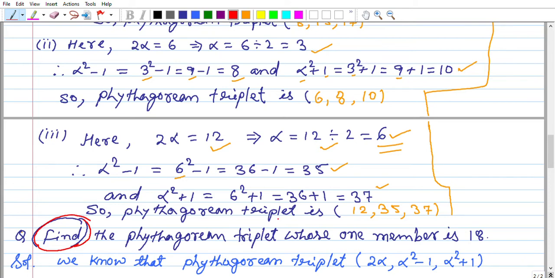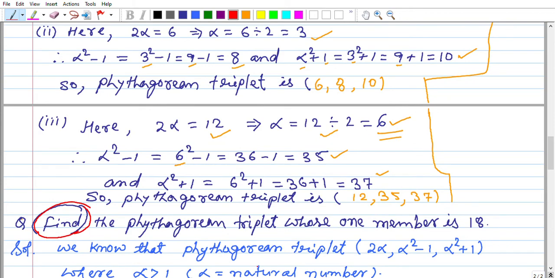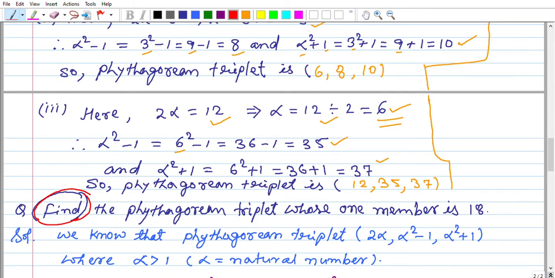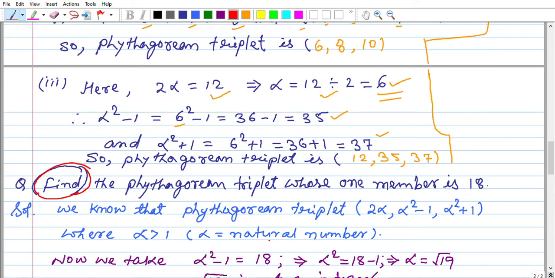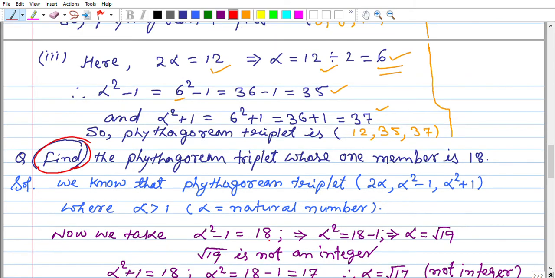Where alpha is greater than 1, alpha is a natural number. Pythagorean triplets depend upon natural numbers.